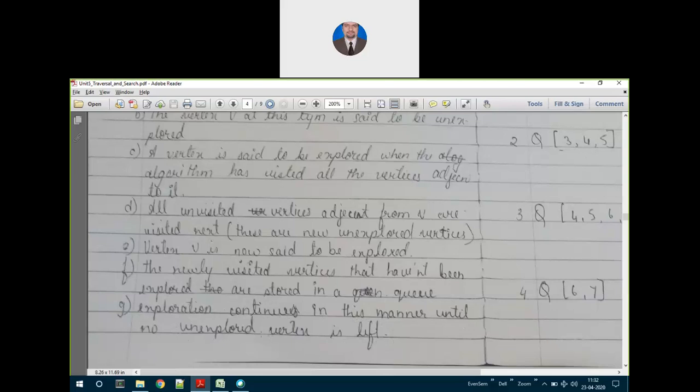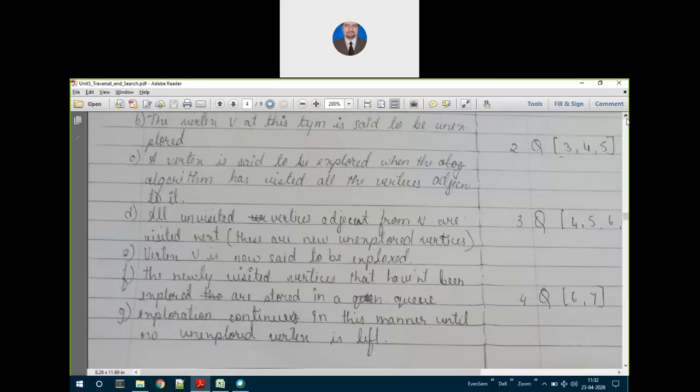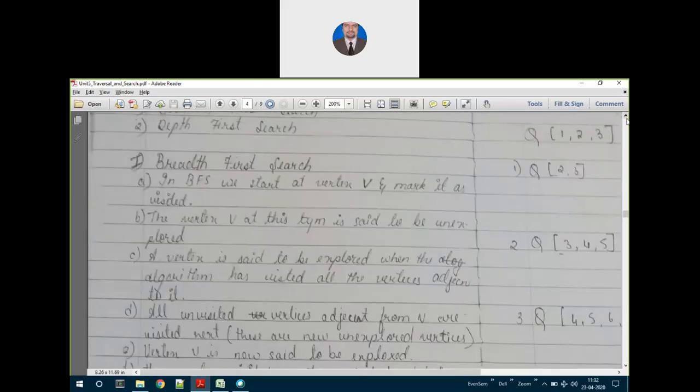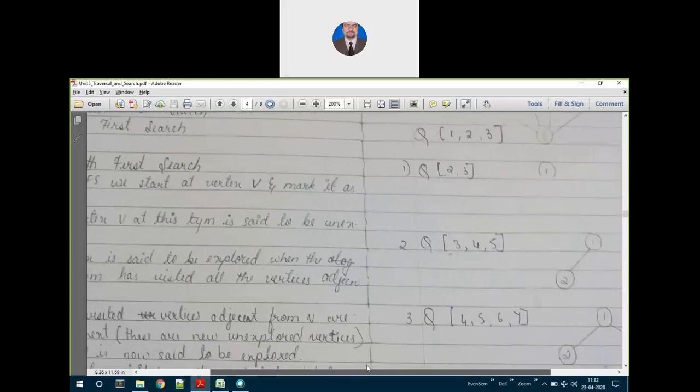So this means until the queue becomes empty, we should continue these steps. Suppose you get a question in the exam: explain or write a note on breadth first search with an example. Then you need to write all these steps of breadth first search, with one particular example. The example should be the one which I taught you. The same example is given here.